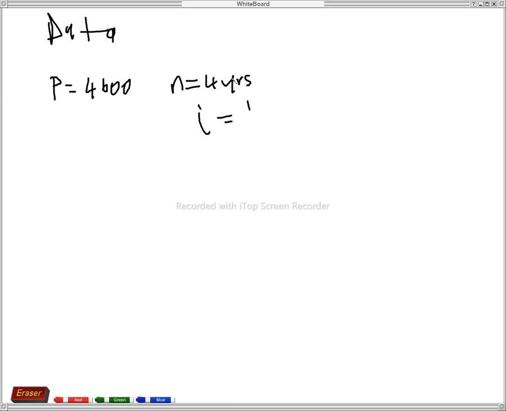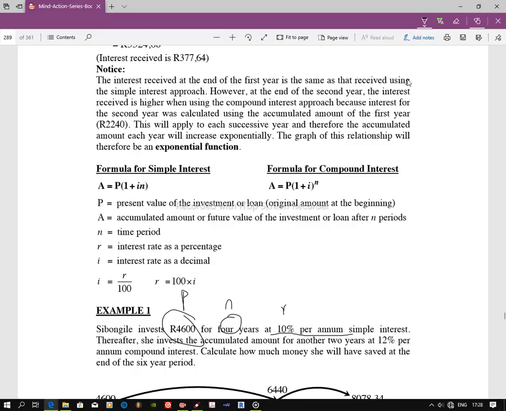My I was 10 divided by 100, which is going to give you 0.1. Our answer is in decimals now. Everything is just cool.